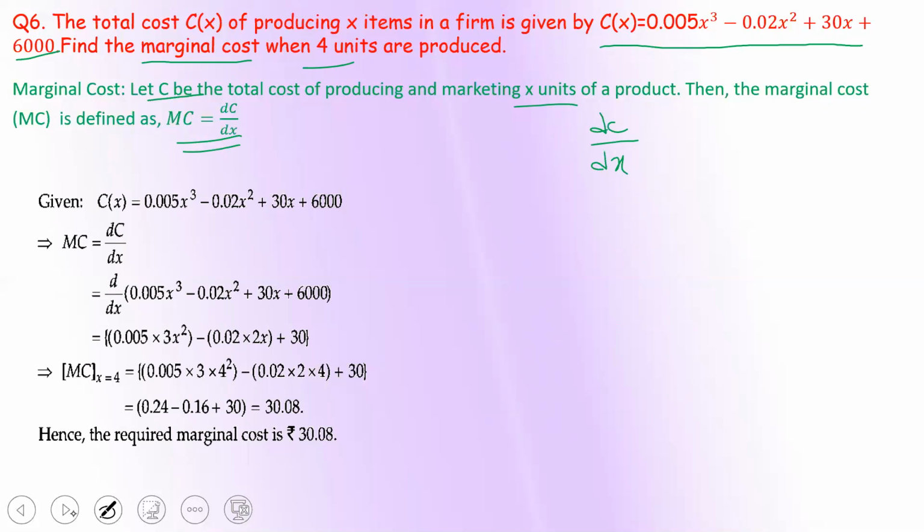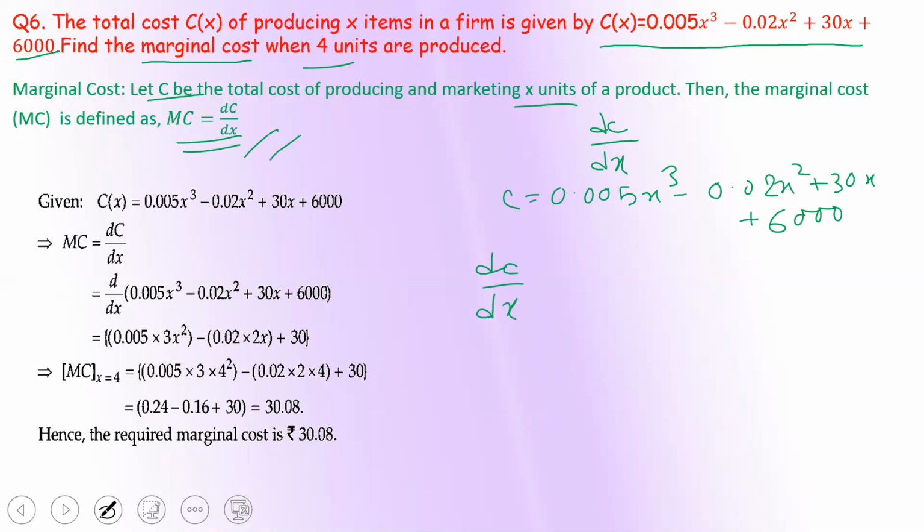So C is given 0.005 x cube minus 0.02 x square plus 30x plus 6000. Now find the derivative of C with respect to x, since marginal cost is dC dx.